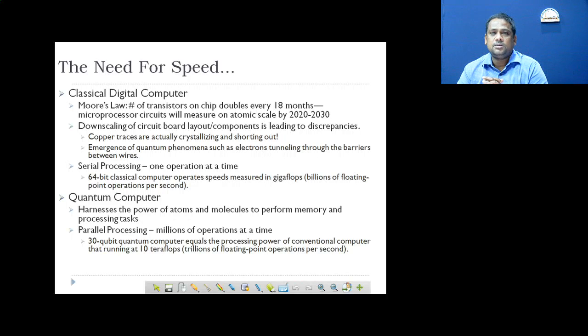Here we call the quantum bit a qubit. We can harness hundreds of times more speed using a normal quantum computer, which is not possible with our existing personal digital computer.